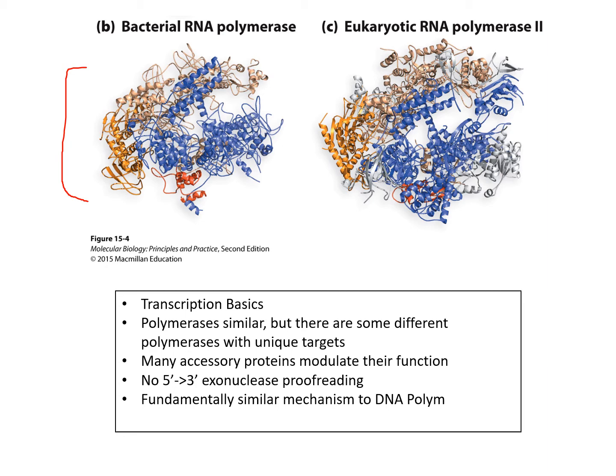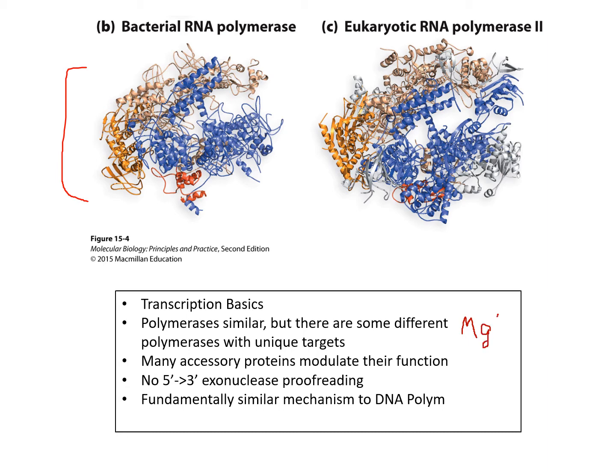They have a fundamentally similar mechanism with different binding pockets, and both DNA polymerases and RNA polymerases require magnesium for function. So there are some fundamental similarities in their biochemistry as well.